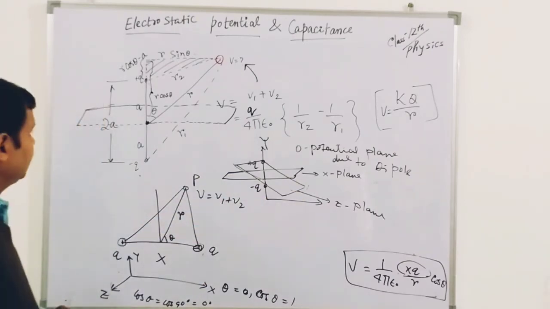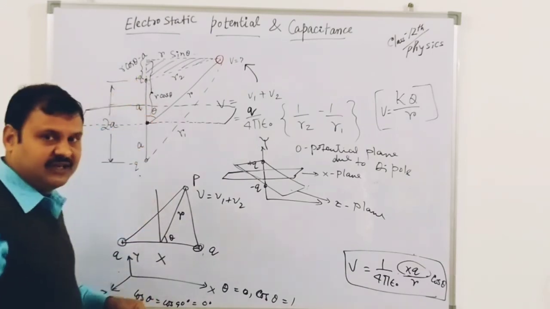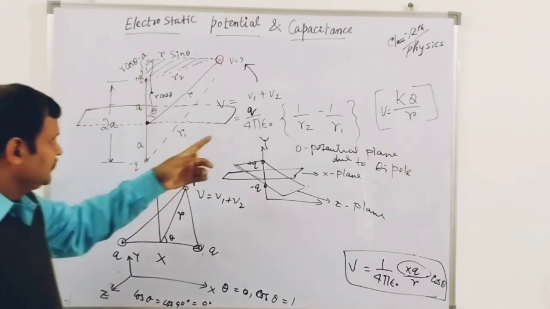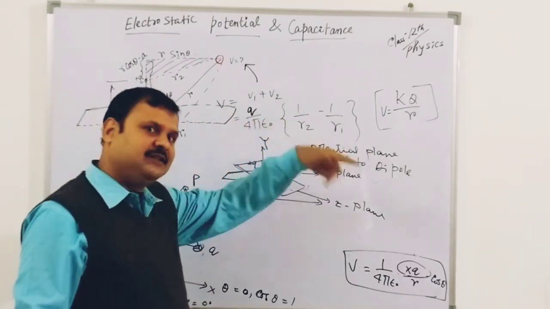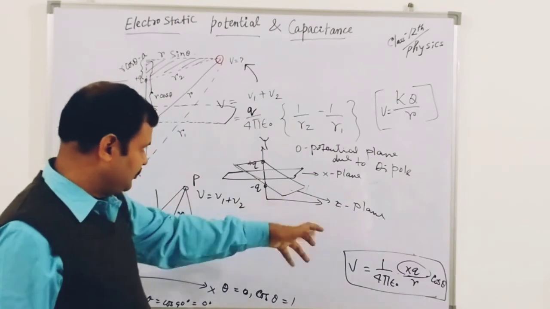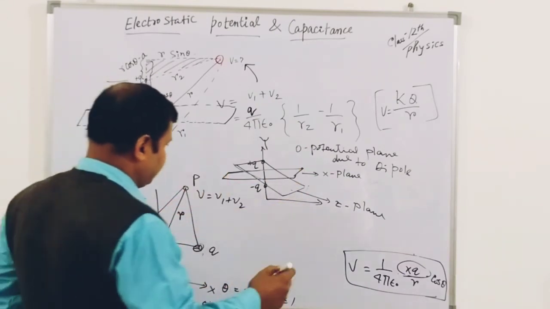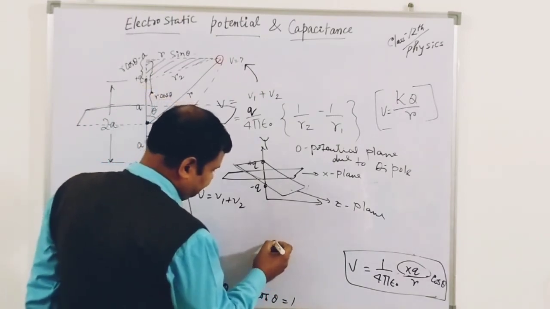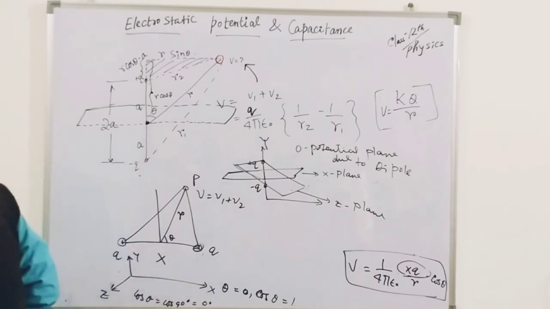So we understand this case. But in case of two similar charges, what will happen? In case of similar charges, the direction will be a little bit different because they will not neutralize each other. The same formula you can consider, but we have done that before.